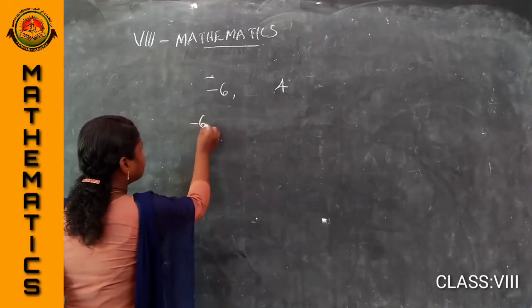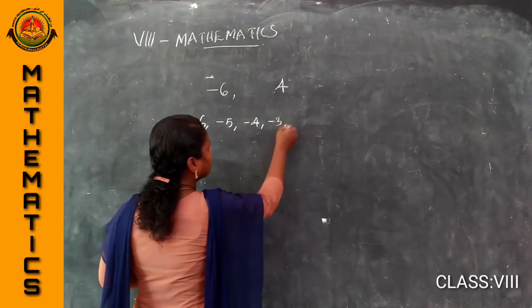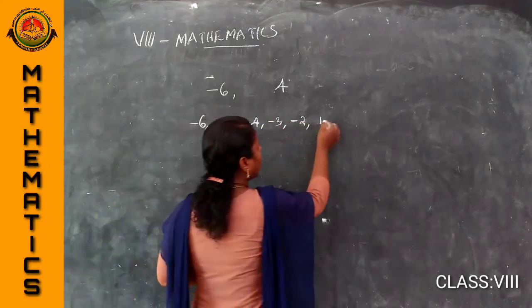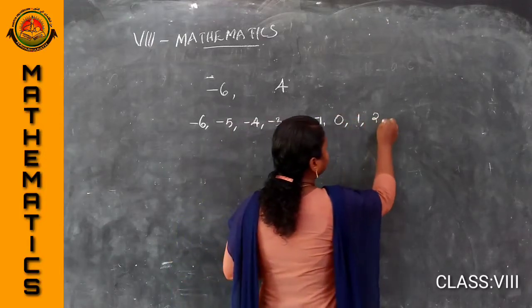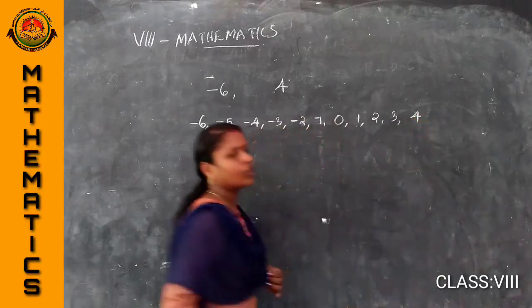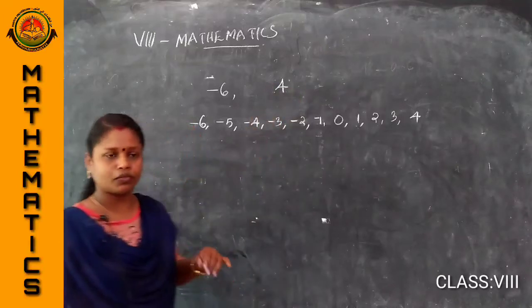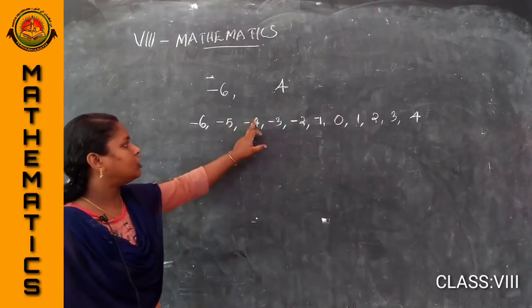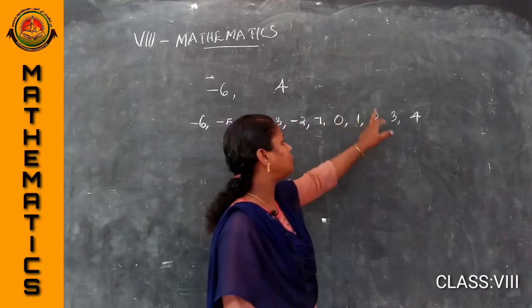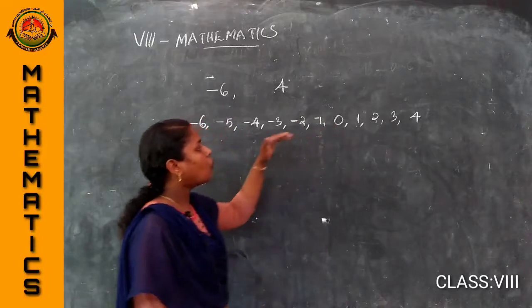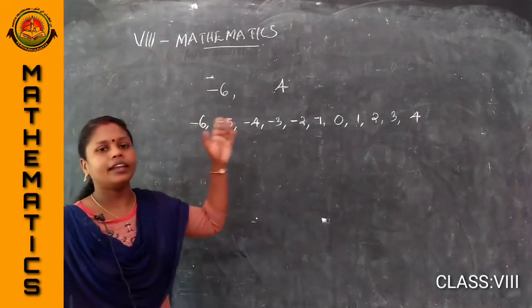They are -5, -4, -3, -2, -1, 0, 1, 2, 3. All these integers are in between -6 and 4.